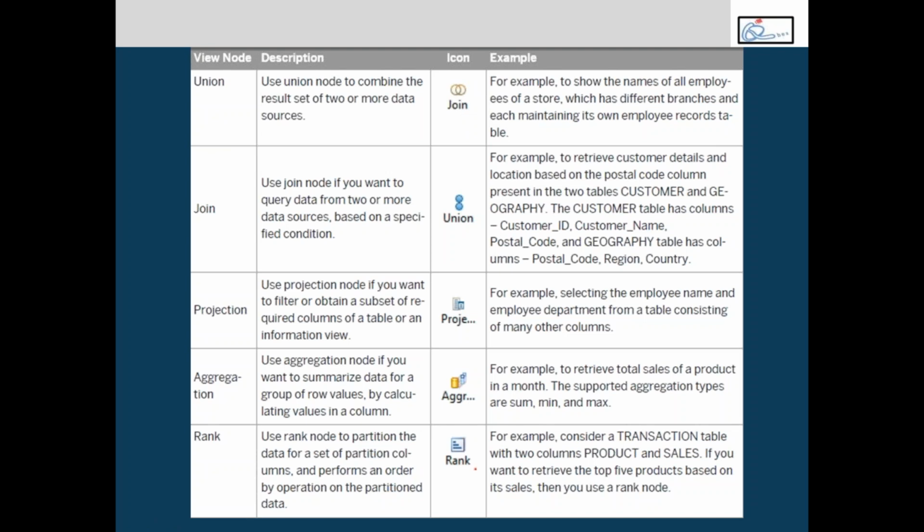Now first one, union. What is the purpose of this union operation? Basically, let's say you have two result sets or two data sources or two objects, and I would like to unify both of the result sets. Say result set 1 plus result set 2. Say I have a table which gives me sales of 2010.